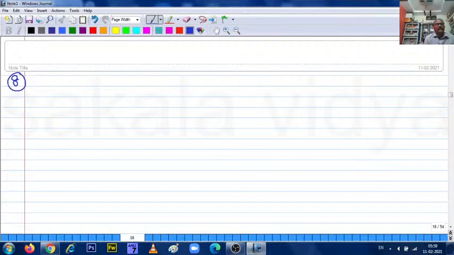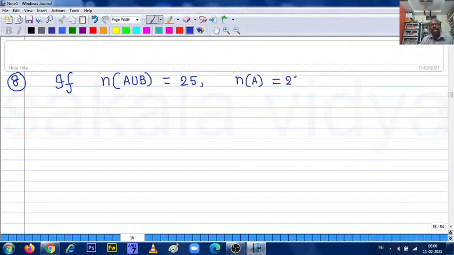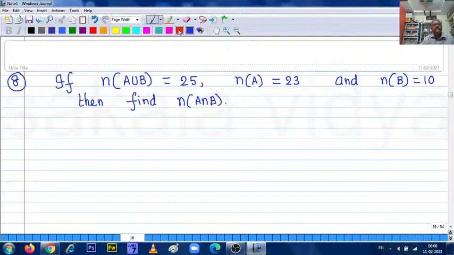Next, eighth question. If n of A union B is equal to 25, n of A equals 23, and n of B equals 10, then find n of A intersection B. This question is also a very important question, my dear students, please remember.